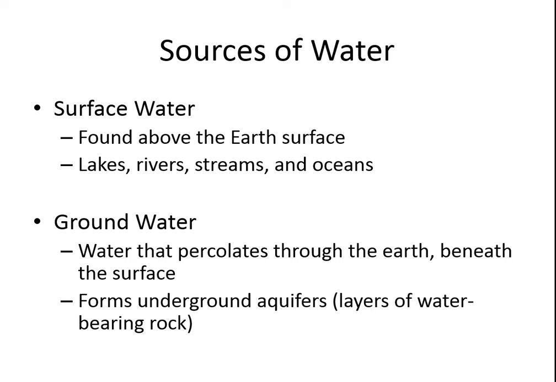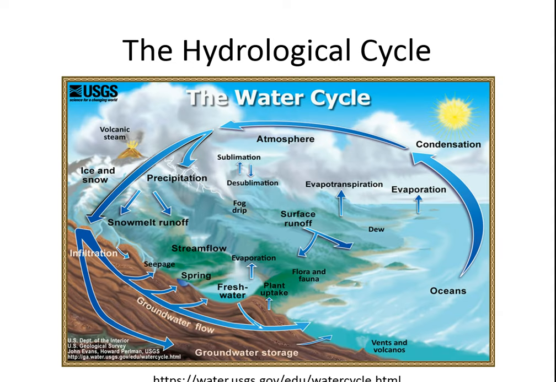This is really just a layer of rock that contains water within it. And so there are really 2 sources of water there. Primarily what we focus on is surface water, but groundwater does play an important role, and we'll talk about that shortly.